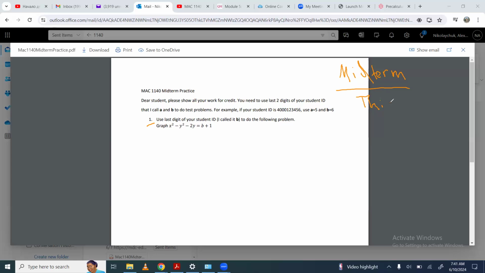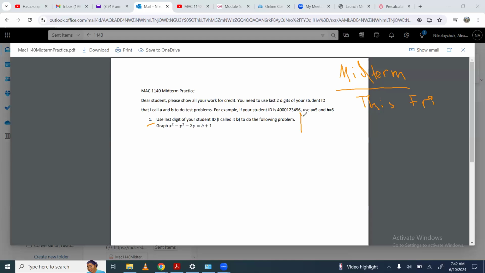And on the midterm will be two exercises. And one exercise will look pretty close to what you received by email from me. So it'd be something that we have here, but it's going to utilize your last digit of student ID.